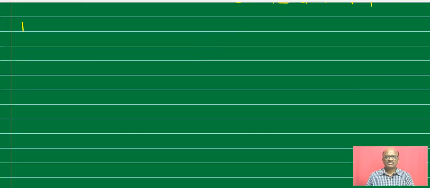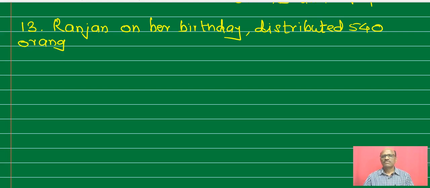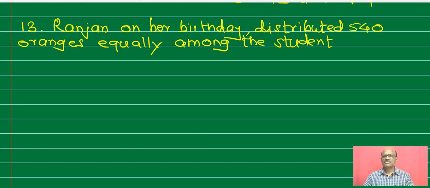Now next example, example number 13. Ranjana on her birthday distributed 540 oranges equally among the students.